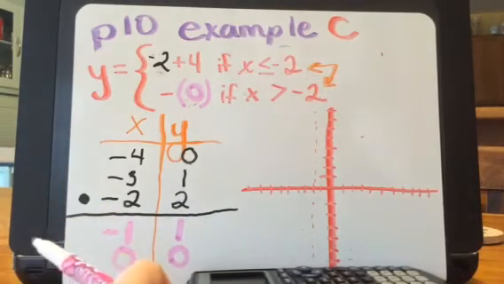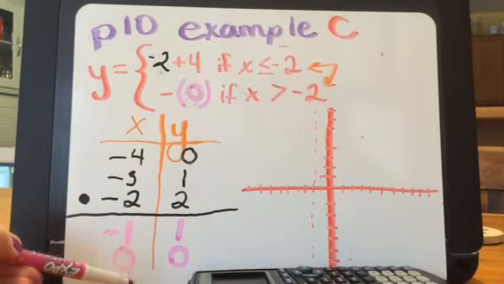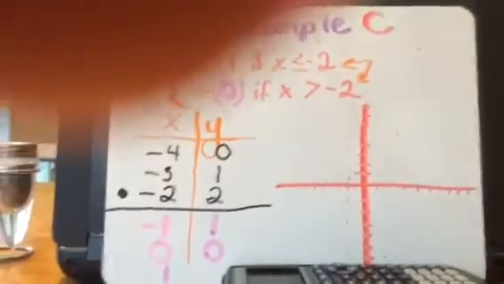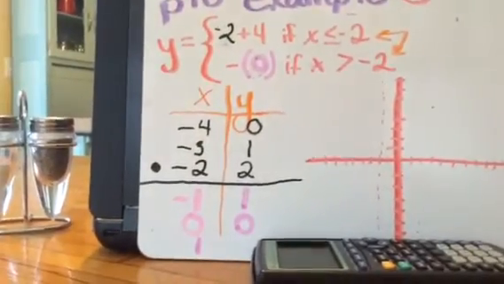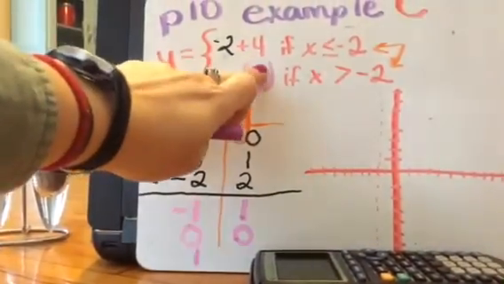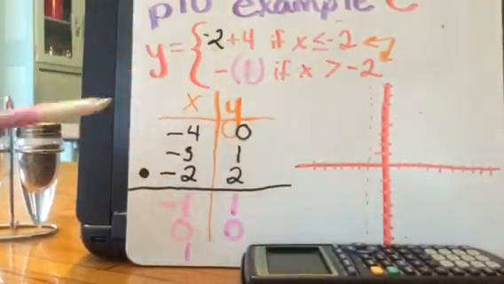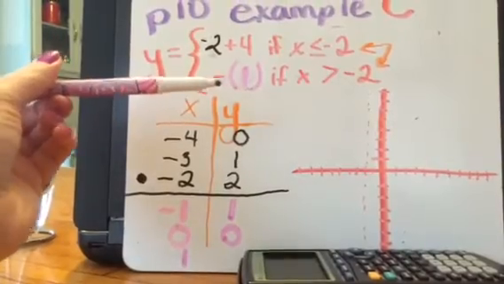If I continued this table, just to show you a little extra point in case you're unconvinced of what this should look like, if I plug in 1 into the equation, I'm going to simply put it in place up here, and my output is a -1.